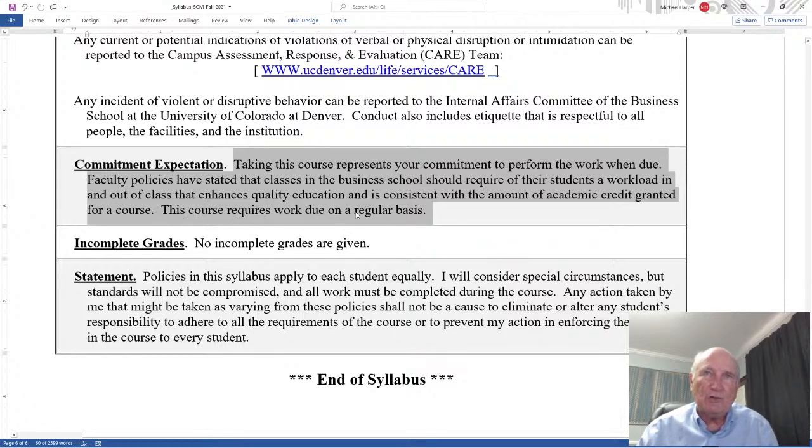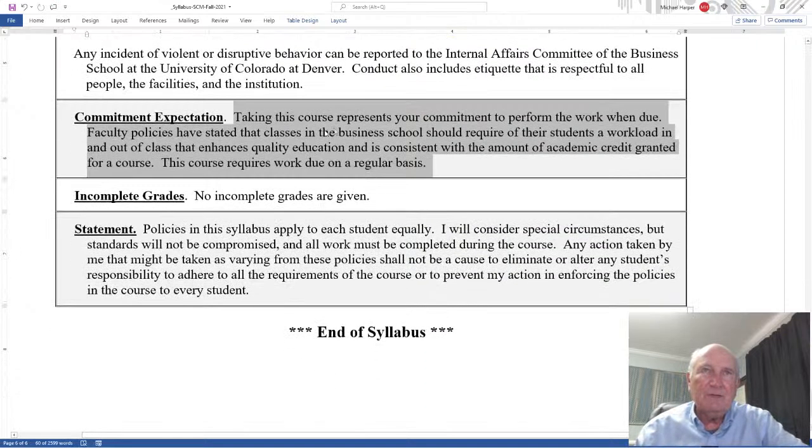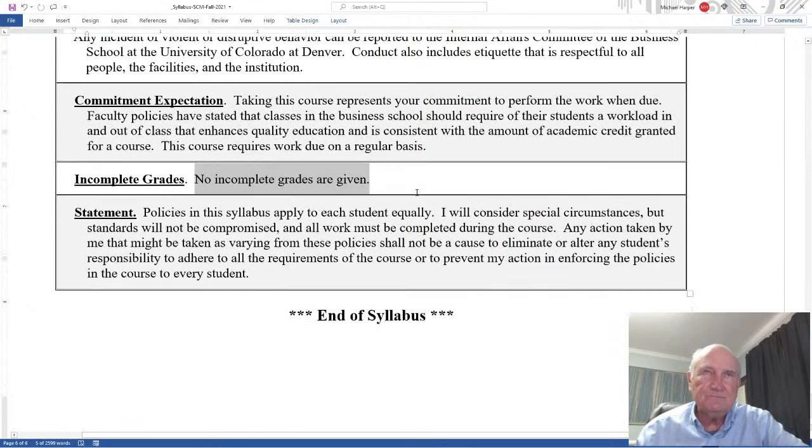This course requires work due on a regular basis. In other words, this paragraph is simply saying there's work to be done, and you are required to do it during this course. Some people think they take a course and get a grade whether they do the work or not, and that's not true. Okay. Incomplete grades: no incomplete grades are given.